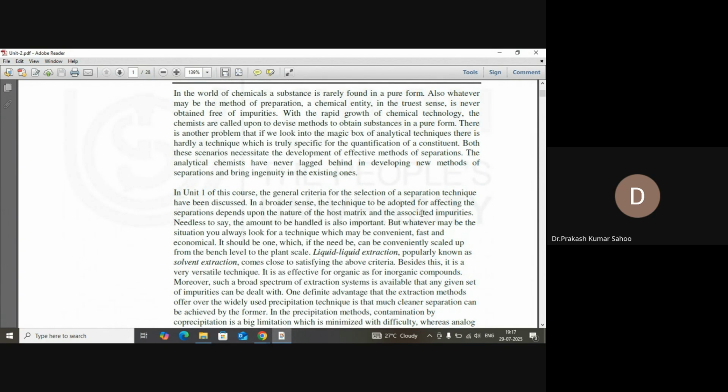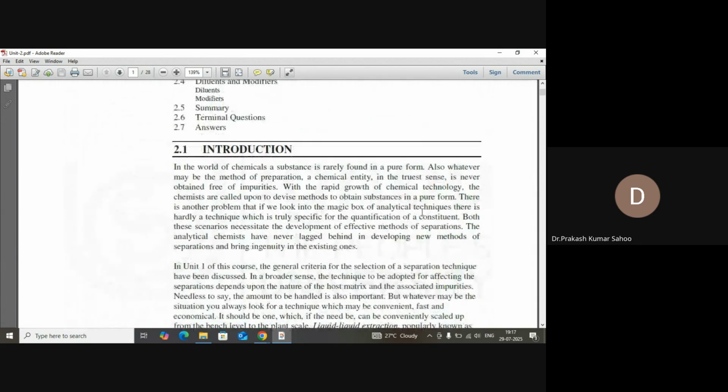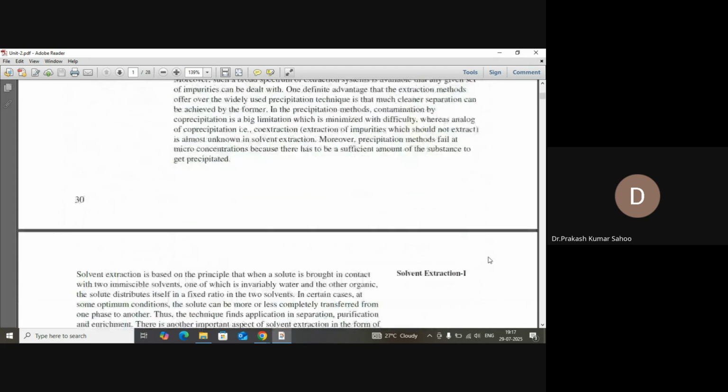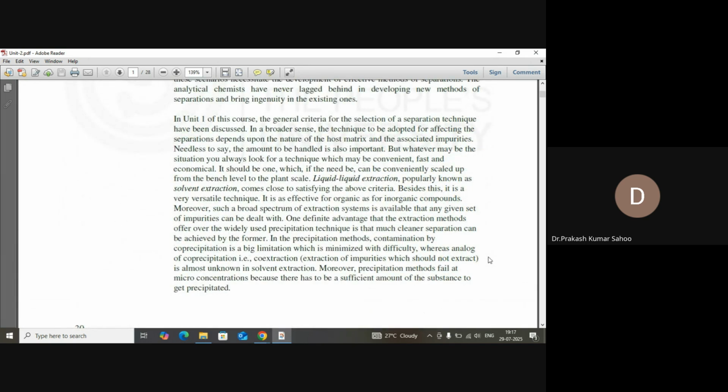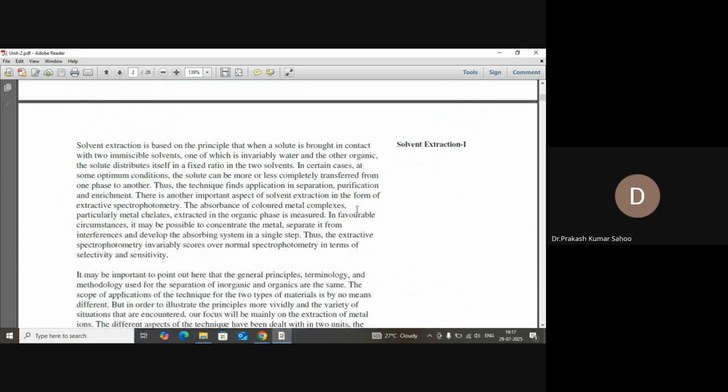In solvent extraction, we have the concept of a liquid phase, because the solvent is generally in the liquid phase, and it must be free from impurities. If the chromatography technique is used, then we have liquid chromatography. Liquid extraction is popularly known as solvent extraction.